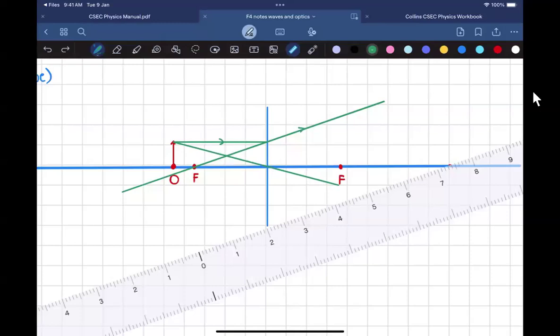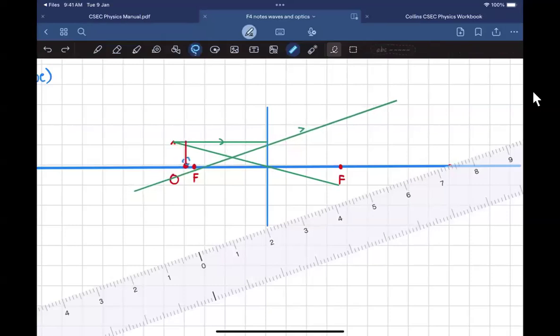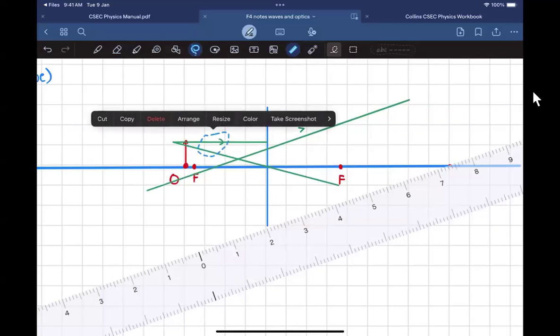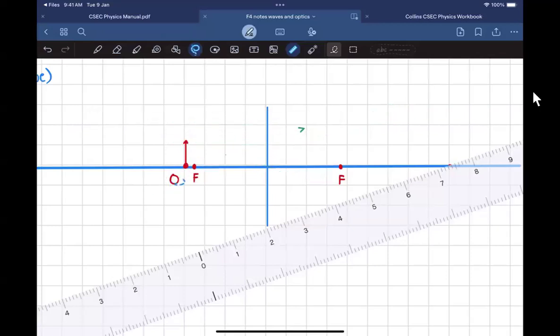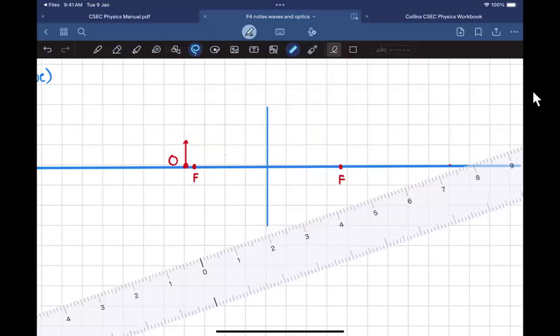Yeah. Now let me bring it even closer, like real close, and let me see if we can notice a trend. Let me see if anything will happen.